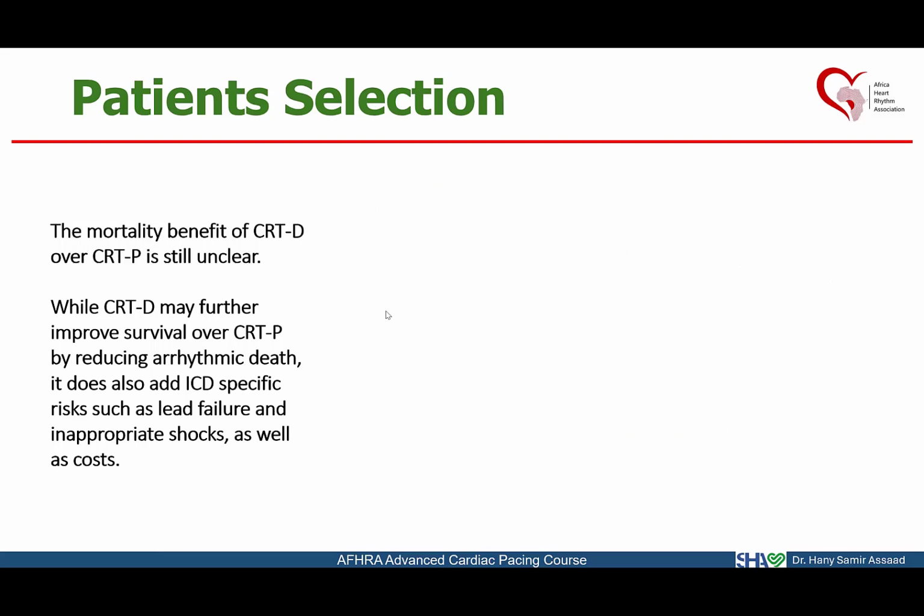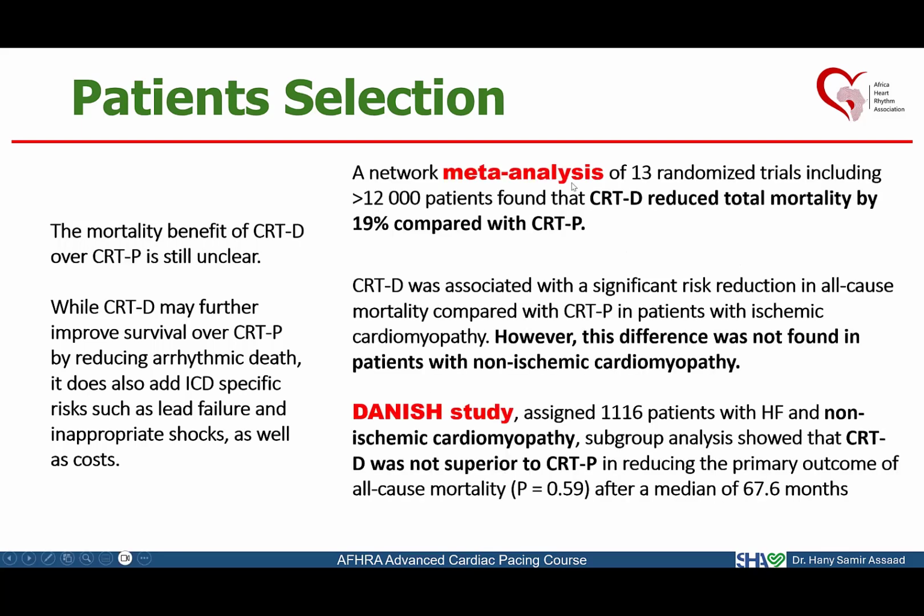Another significant piece of evidence was a meta-analysis of 13 randomized trials with more than 12,000 patients, which found that CRT-D reduced total mortality by almost 20% compared with CRT-P. However, this difference was not found in patients with non-ischemic cardiomyopathy. It was unique to those with ischemic cardiomyopathy.